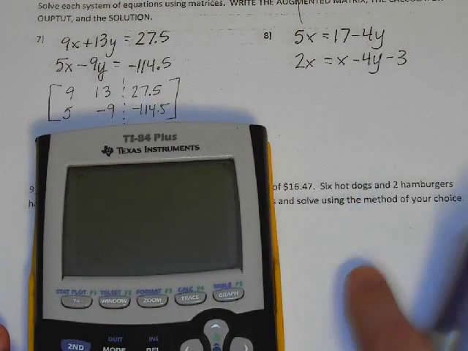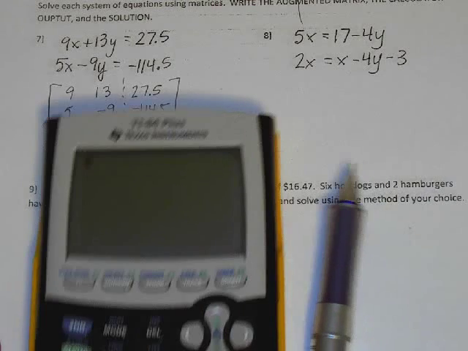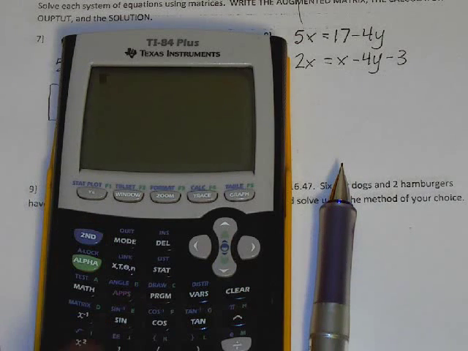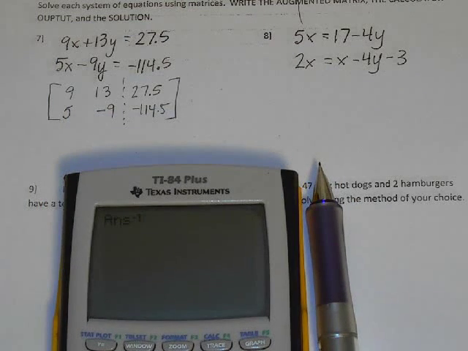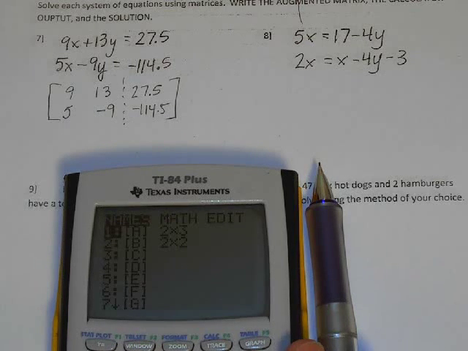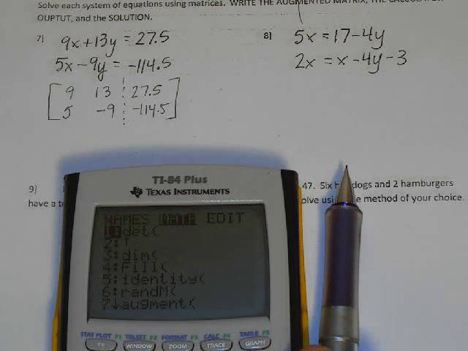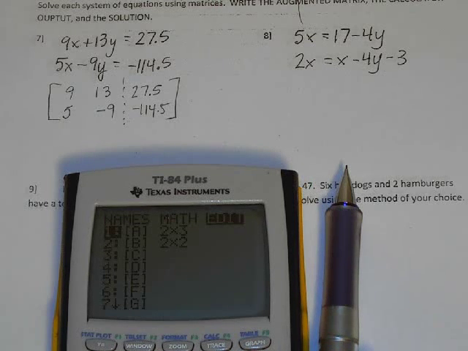So to get to the matrix, you're going to push second, and then the x to the negative 1 button, which has the word matrix above it. Let's try that again. Then, first I need to edit the matrix. Now notice that these matrices have 2 rows and 3 columns.